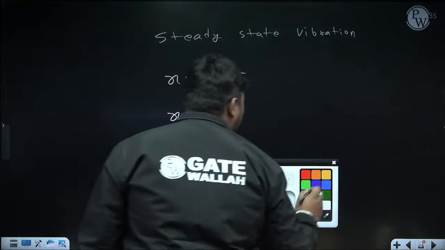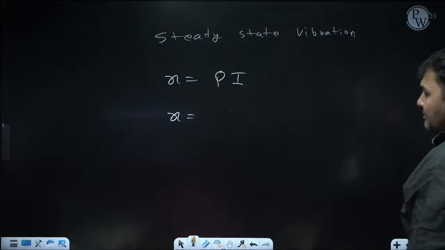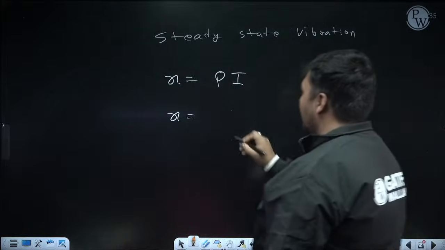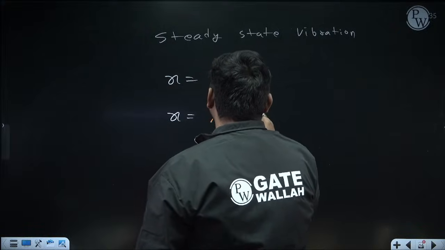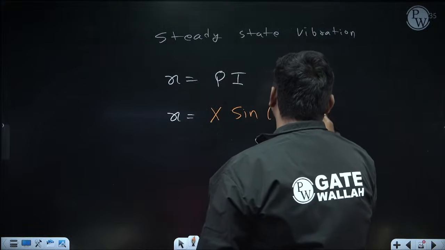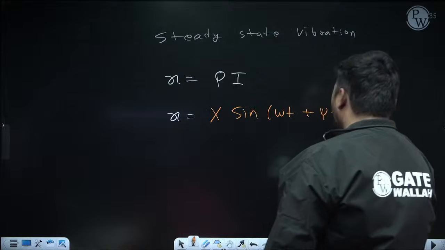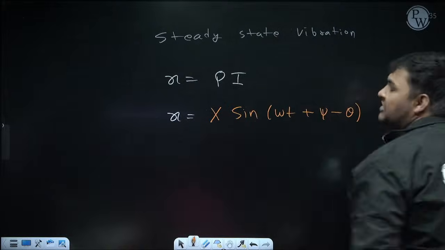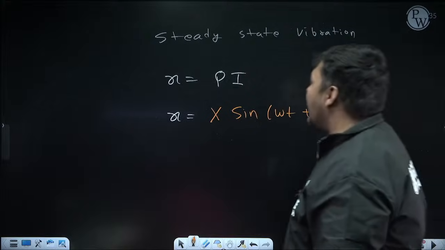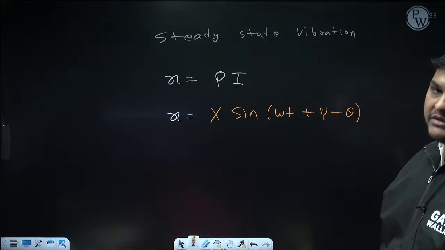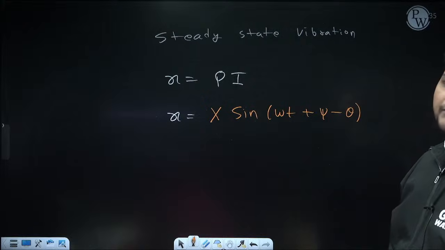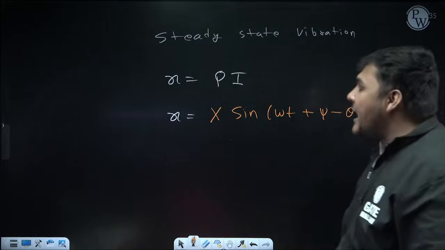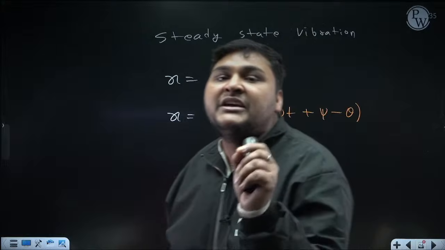And we know if the external time dependent force is simple harmonic, x_p is also simple harmonic with amplitude capital X. If the force was sine omega t plus psi, it will be sine omega t plus psi minus theta. So this is the equation of x_p, and this is the equation of steady state vibration. So if the examiner asks what is the amplitude of steady state vibration, it is the amplitude of x_p, which is capital X, and this amplitude is also known as steady state amplitude.